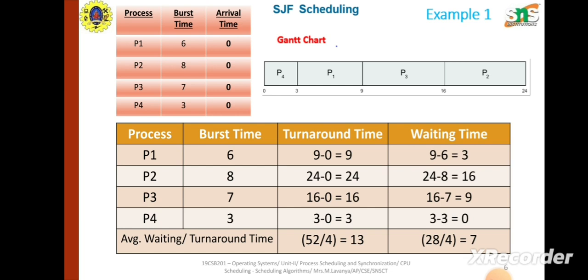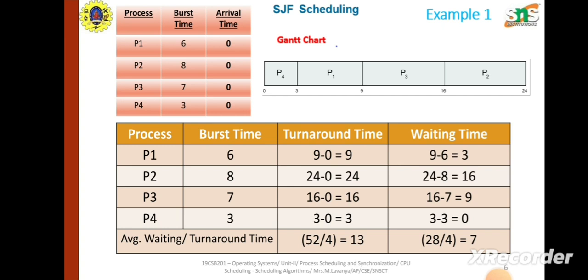As said, in this SJF scheduling algorithm, the process which has the lowest burst time will be allocated for the CPU first, right? Let's compare all those four processes and its burst time. Considering P1, P2, P3 and P4, the process P4 has the burst time of 3 milliseconds, which is lowest while considering 6, 8, 7 and 3.